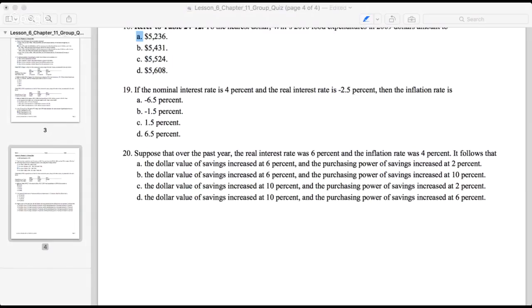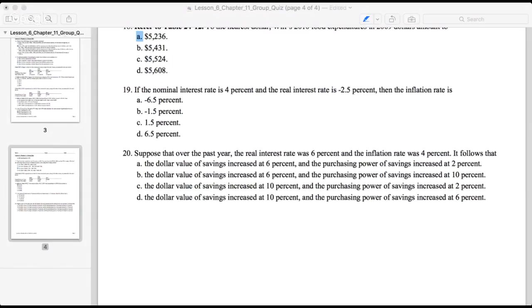So let me go back to the inflation rate. How did y'all do this one? The nominal interest rate is 4% and the real interest rate is negative 2.5%. How did you set up the equation?